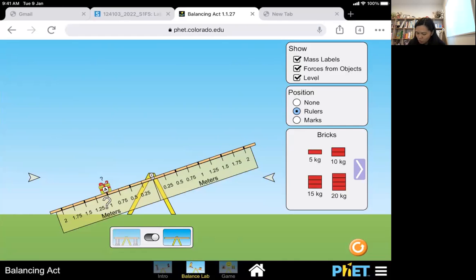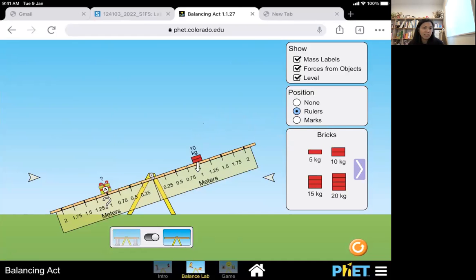Maybe I'll try to choose my 10 kilogram mass because it's easy to multiply something with 10. So maybe I use this 10 and I try to put it at 1 meter, the same distance as where my mystery mass is. The beam isn't balanced. So that means the mystery object isn't 10 kilograms.